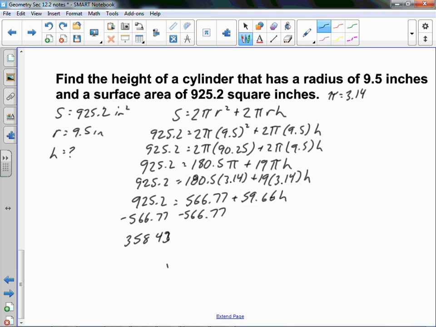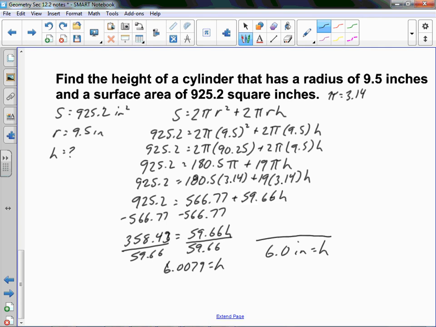Yeah, 358.43 equals 59.66 h, and divide by 59.66. 6.0079 equals h, or 6.0 inches equals our height.